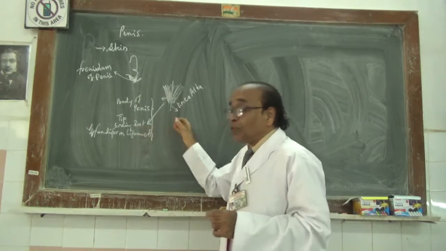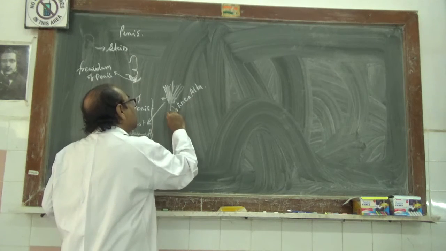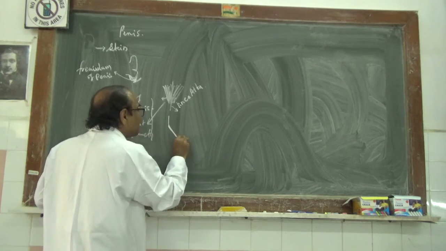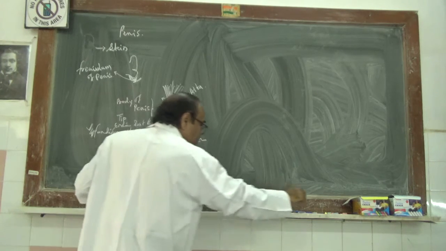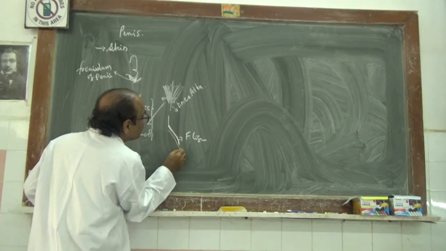Now deep to the fundiform ligament, if this is the linea alba and then this is the fundiform ligament, there will be one more ligament.